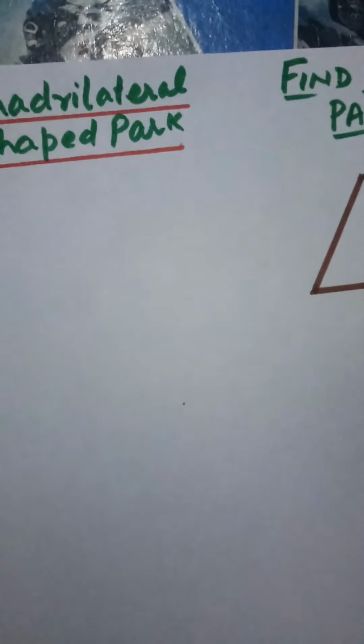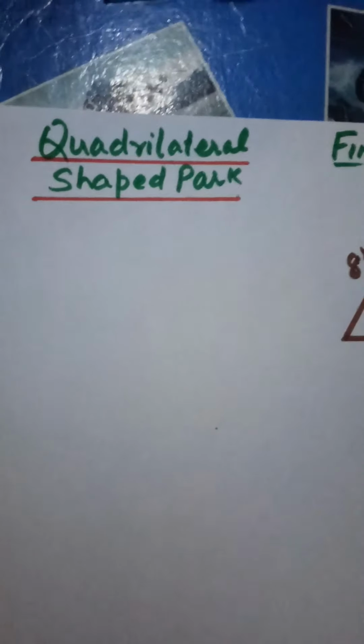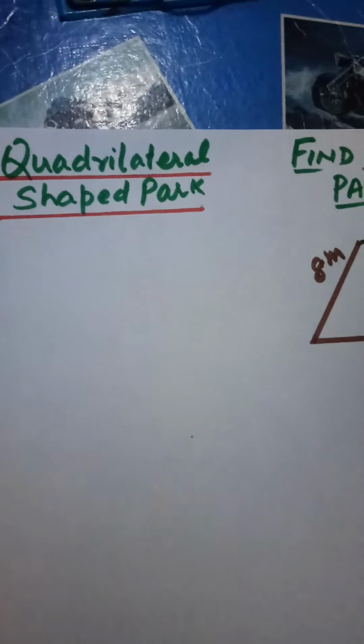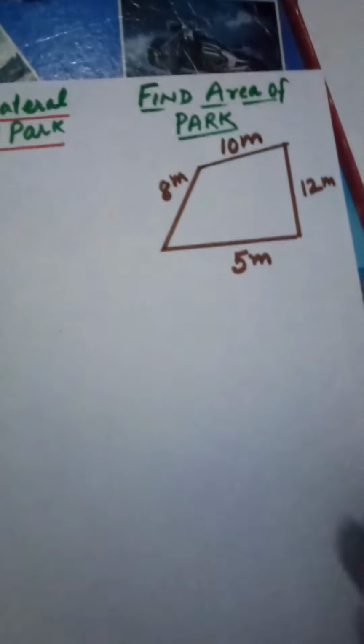Suppose this is given to you as 12 meter, this as 5 meter, and the other two sides are also given as, suppose, 8 meter and another side as 10 meter. How will you find the area of this quadrilateral shaped park?